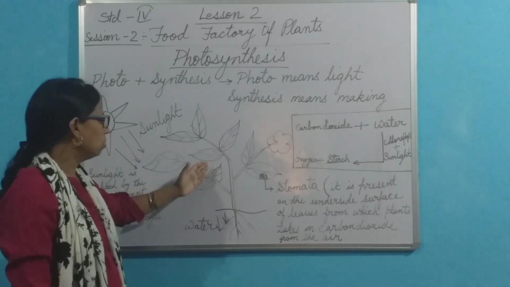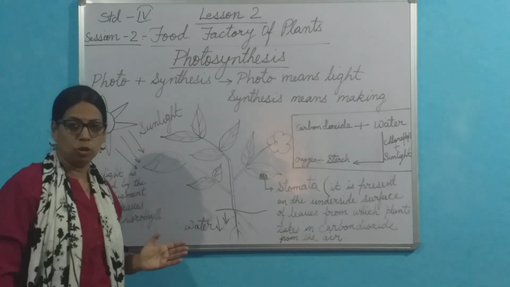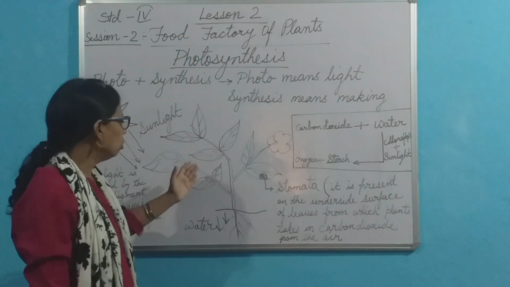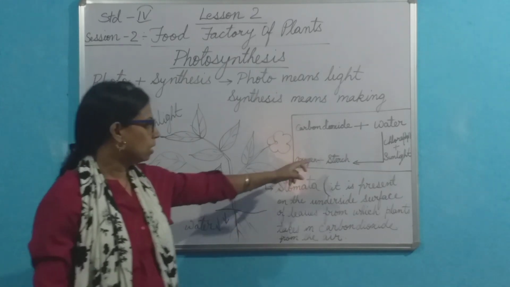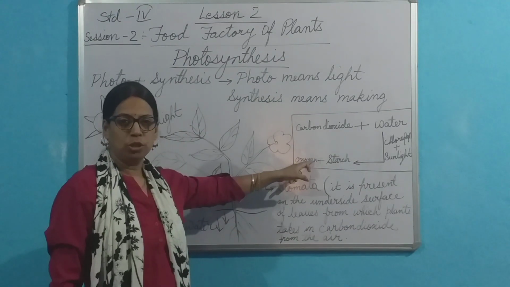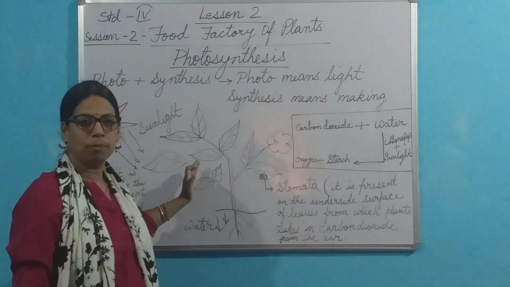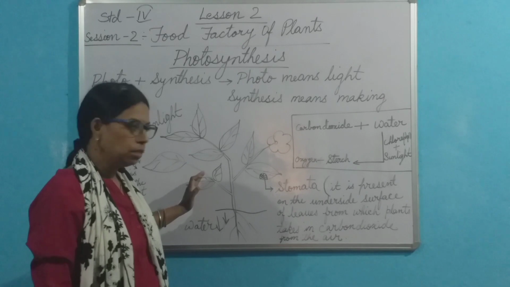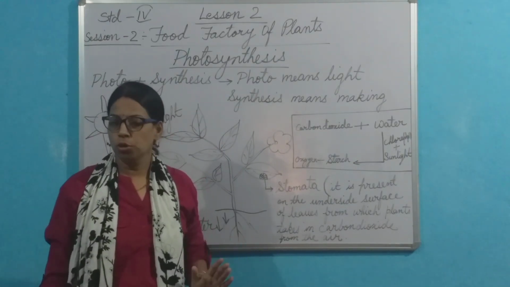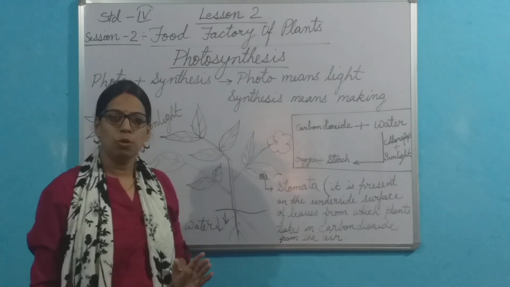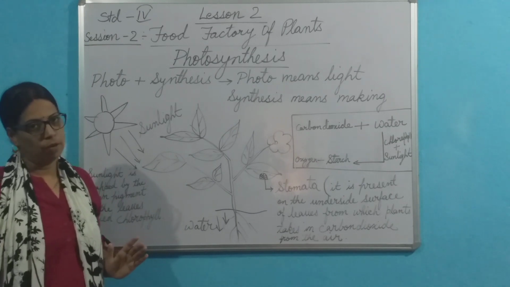Indirectly you can see, from the plants we get so much food, medicines, clothes, fibers, etc. Also a very essential thing of our life. What is that? That is oxygen, without which we cannot remain alive. This oxygen also we get from the plants. That means the plants are very much essential for earth, and we all should protect plants. We should all try to plant different trees and small plants beside our house.